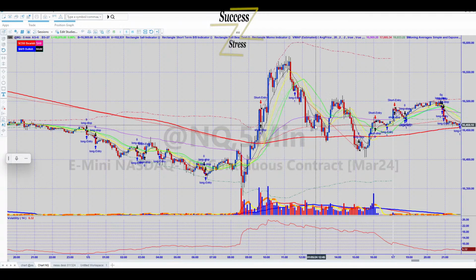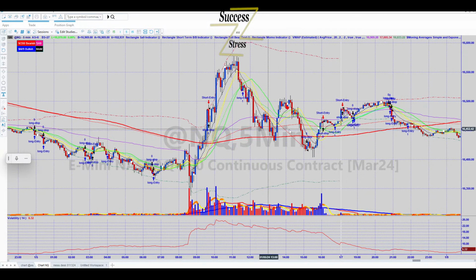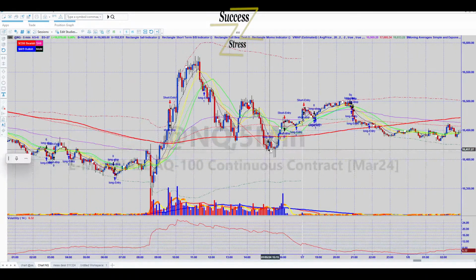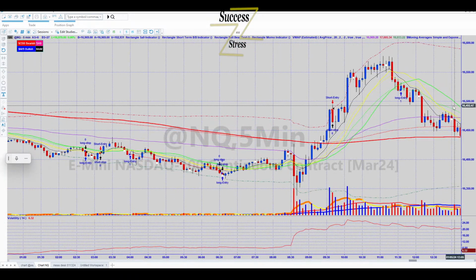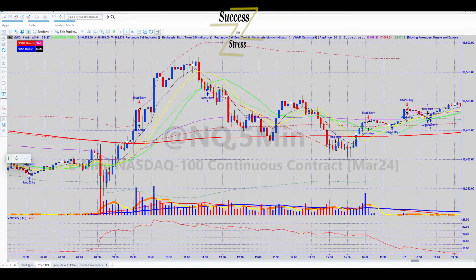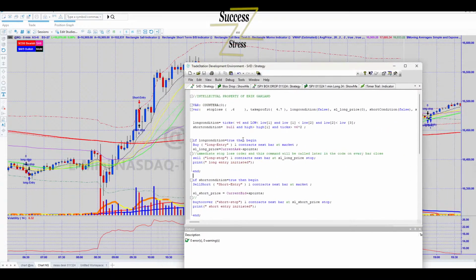I'm curious though how it's taking so many entries when the long condition that I have set up doesn't seem to call for that many entries.